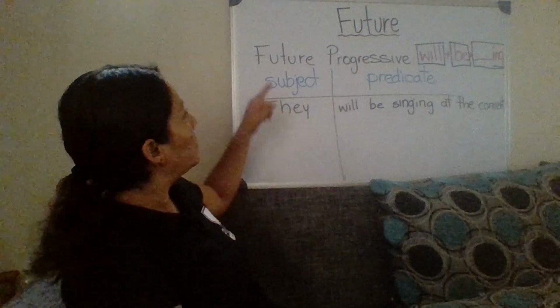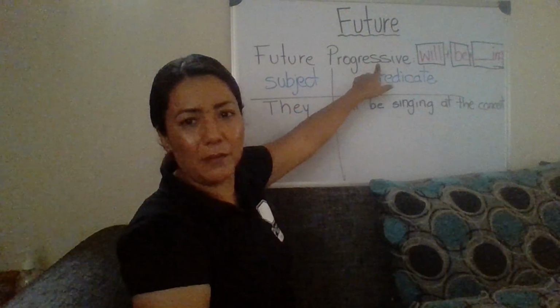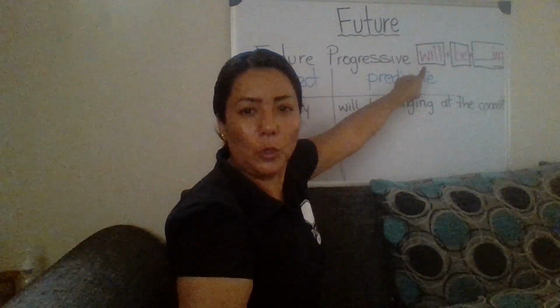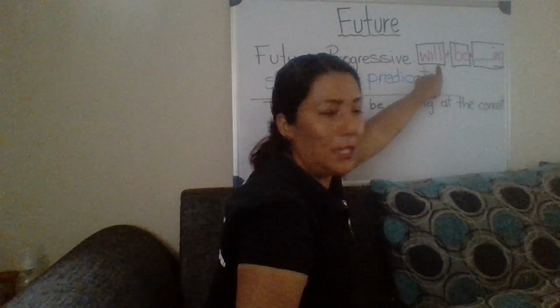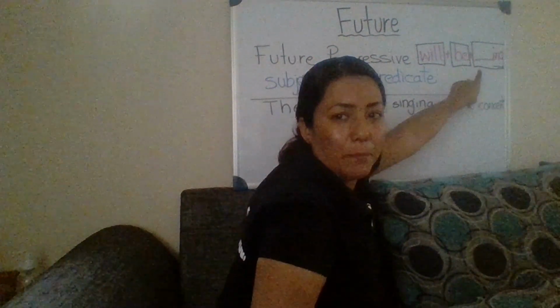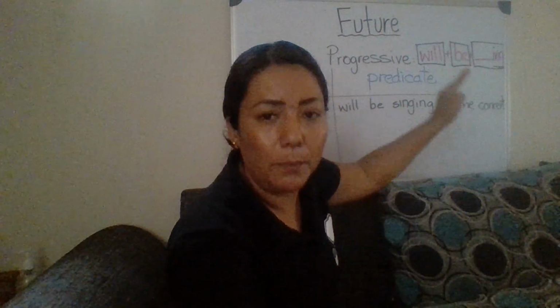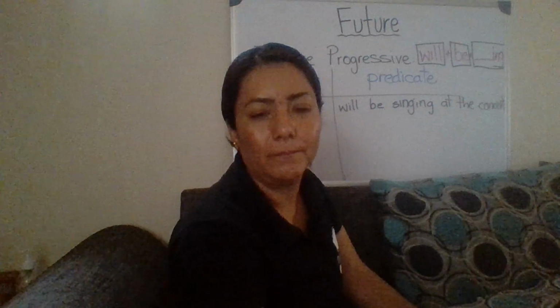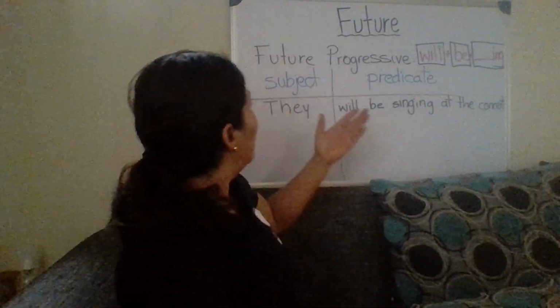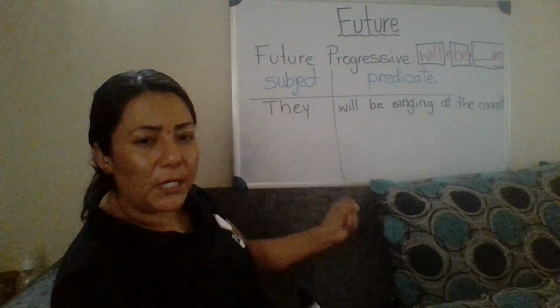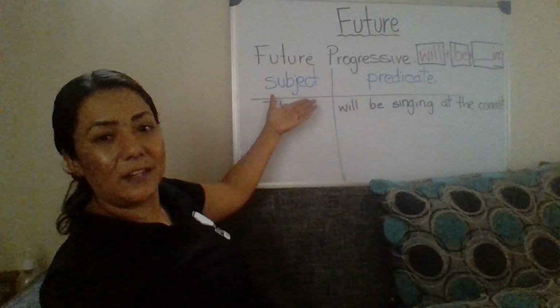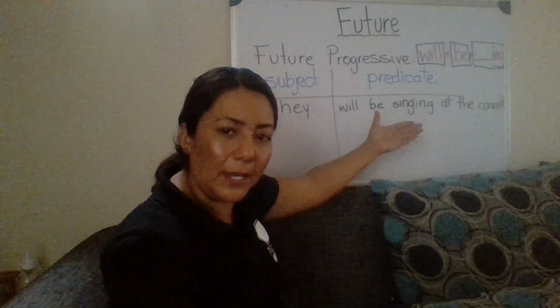For example, for future progressive, I wrote down the formula, the grammar rule, which is will plus be plus verb with ing form. Will be something with ing. Again, basic structure. When you read, when you write, we need to identify subject and predicate.